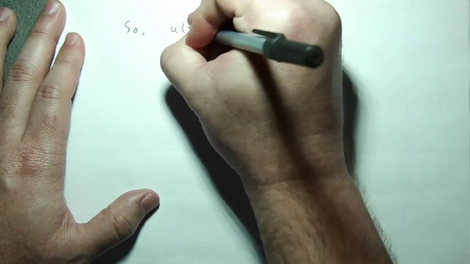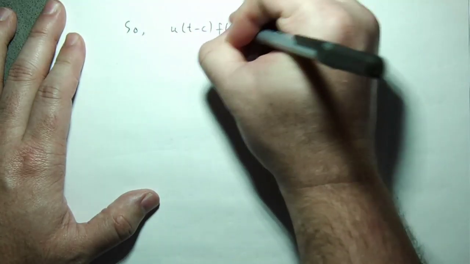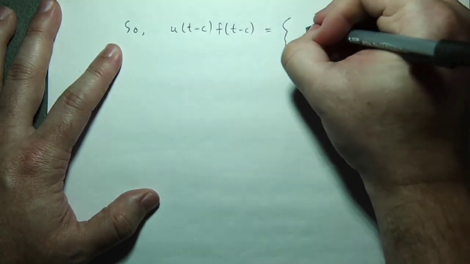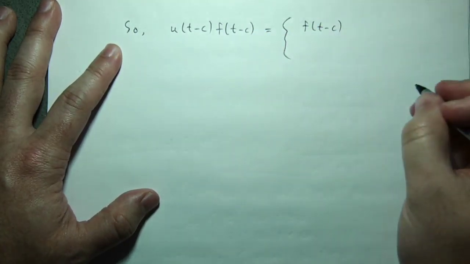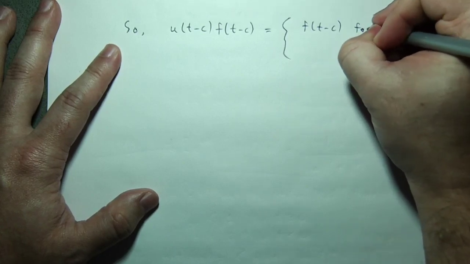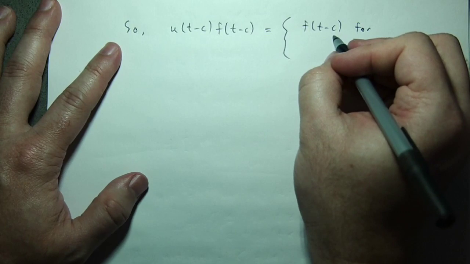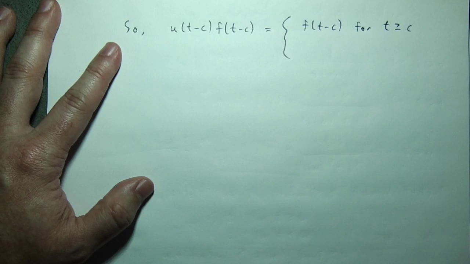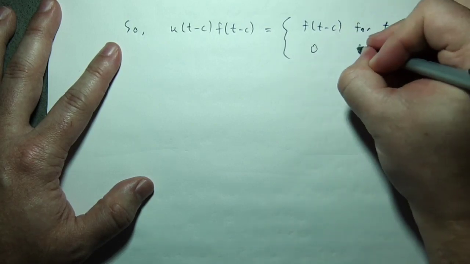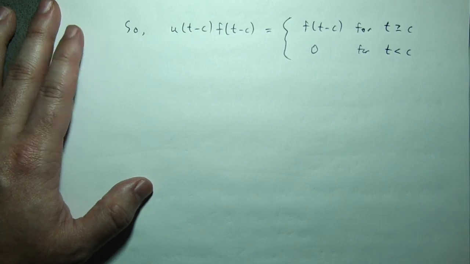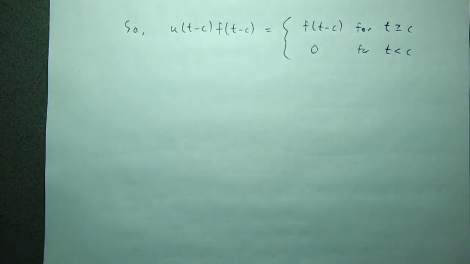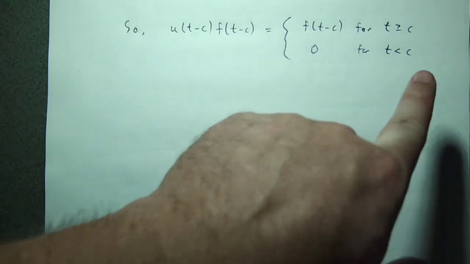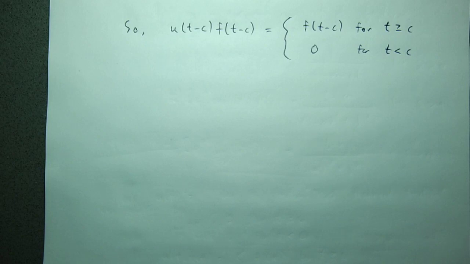Furthermore, u of t minus c times f of t minus c is equal to f of t minus c for t minus c greater than or equal to 0, but another way of writing that is t greater than or equal to c. Right? And 0 else. This is a way of, if u of t turns on at 0, u of t minus c turns on at c. And so that's a way of writing this.